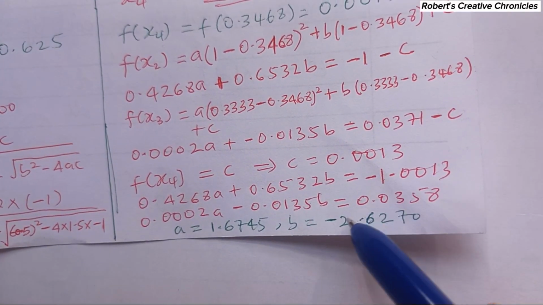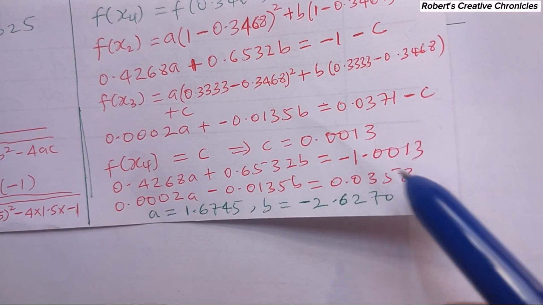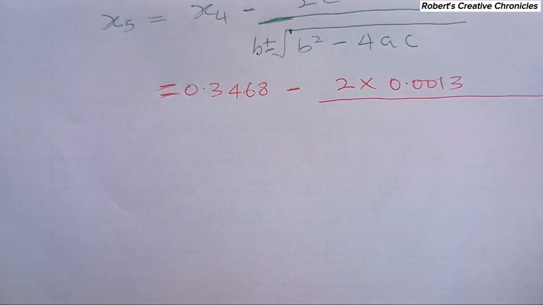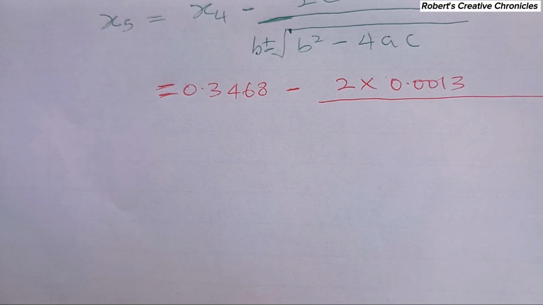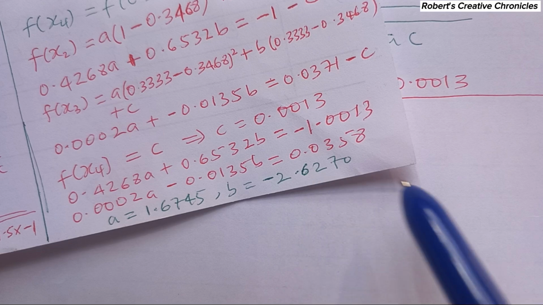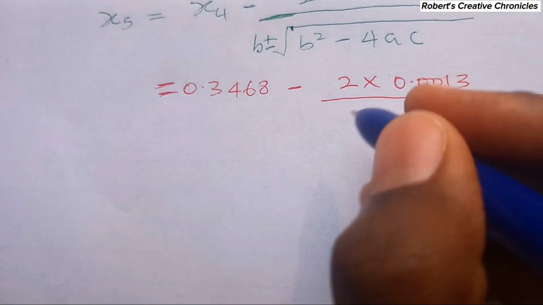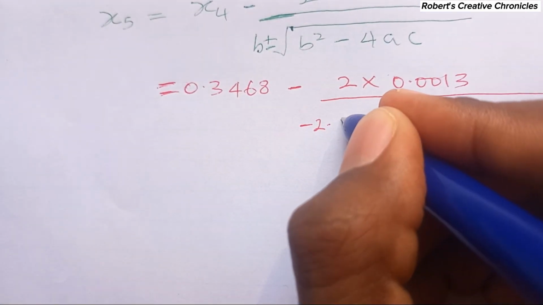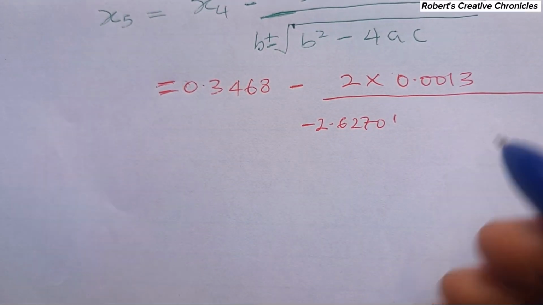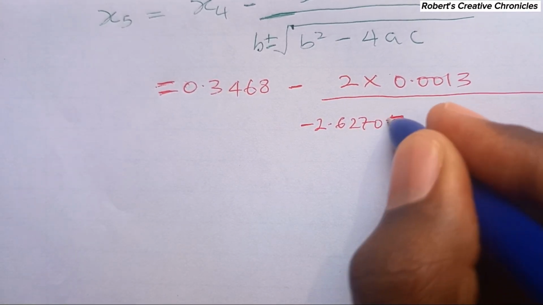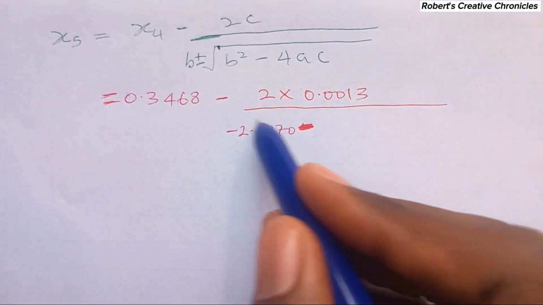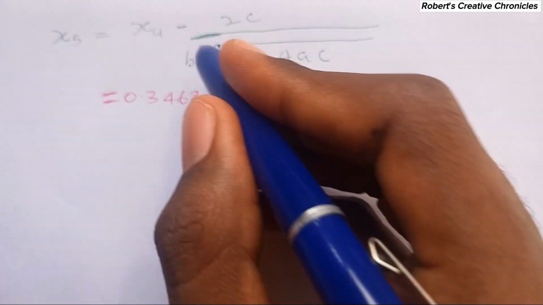C is 0.0013, divided by, what's B? B is negative 2.6270. Then since this is negative, here also will be negative, because this sign depends on the sign that B is. So since B is negative, this also will pick negative.